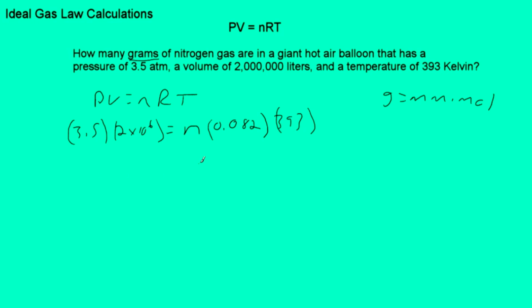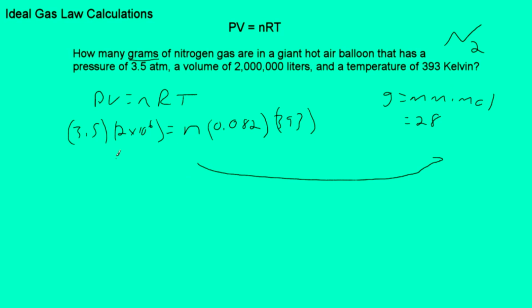So you see we can solve for moles, and then we're going to take moles and plug it in over here and use the molar mass. Nitrogen gas is N2. Remember, nitrogen is one of the diatomic 7, so the molar mass is going to be 14 times 2, which is 28.